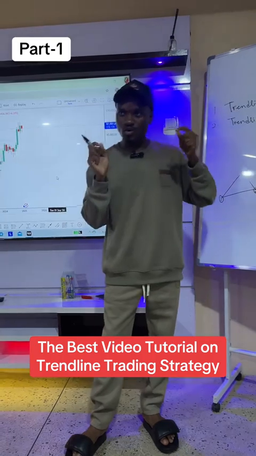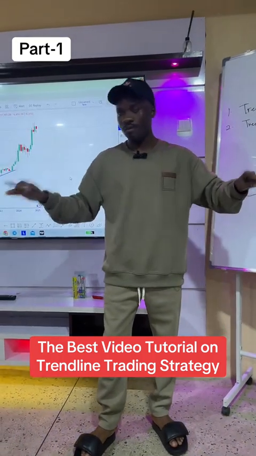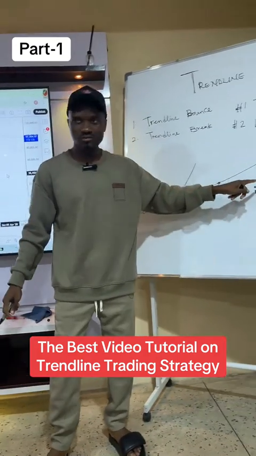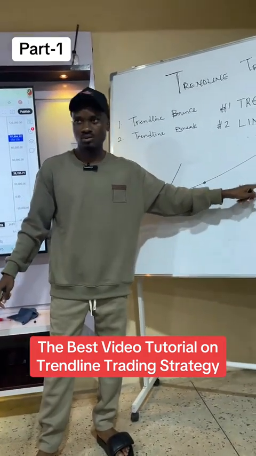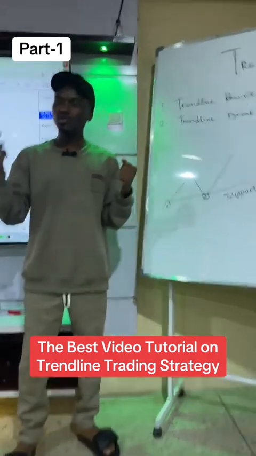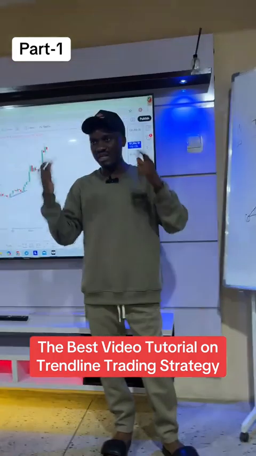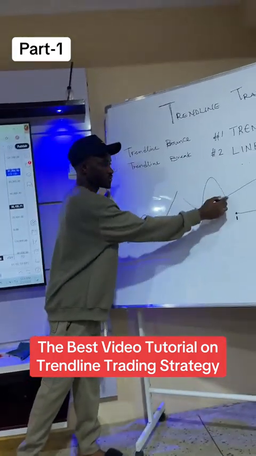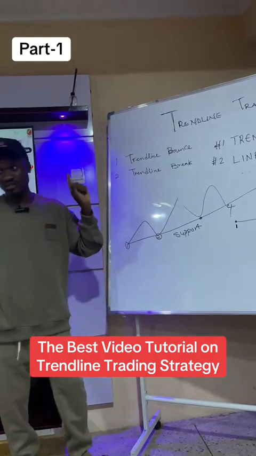But if it has only 2 points, it's a line. Based on the mathematical definition, a line is the shortest distance between 2 points. So now, for you to trade trend line, the safest way is for you to look out for what? Fourth. That is the safest way to trade it.